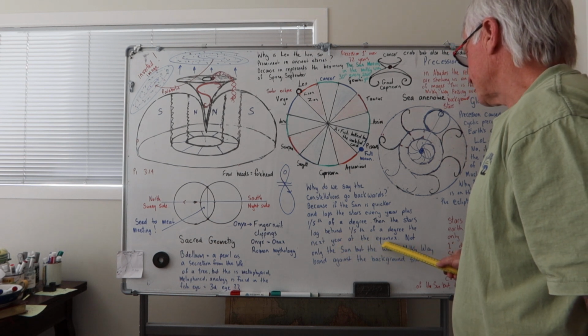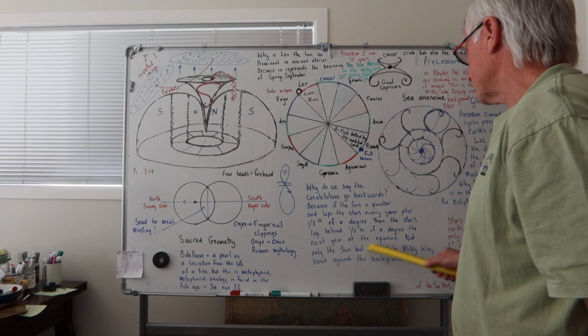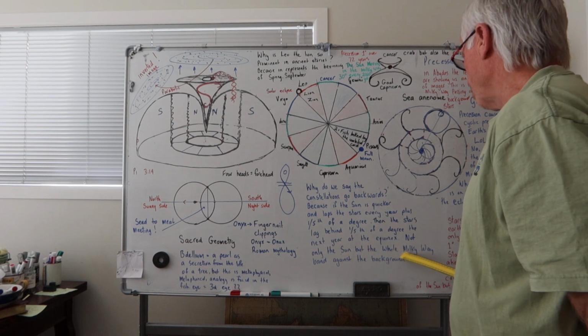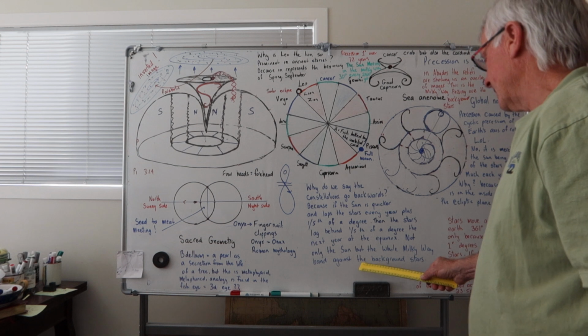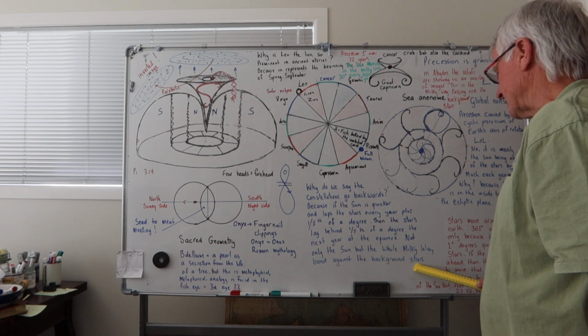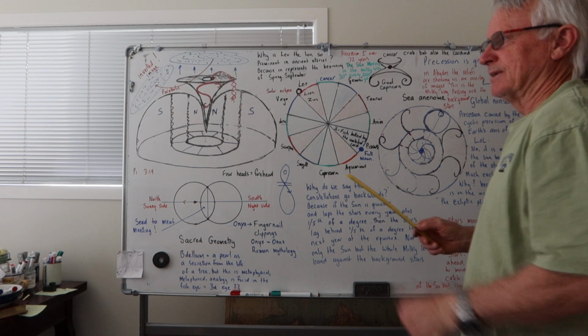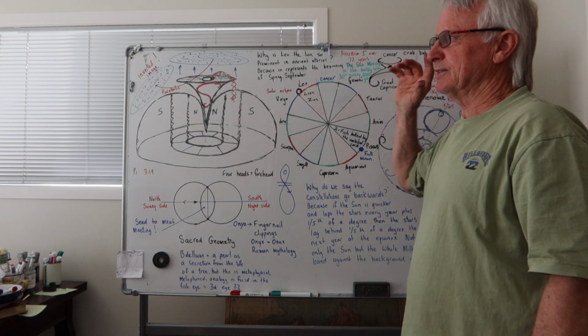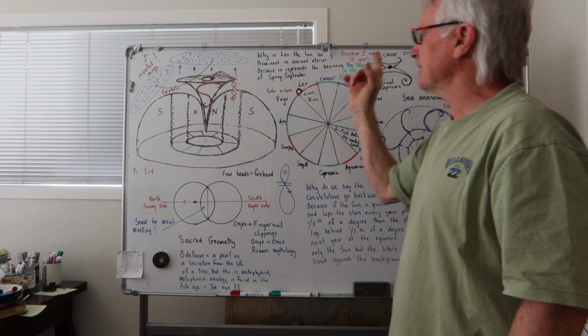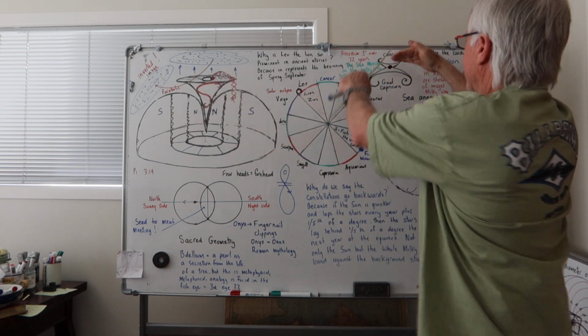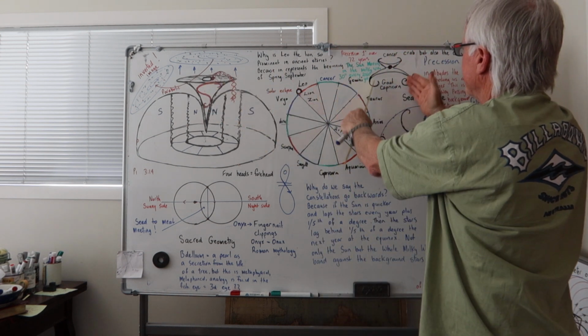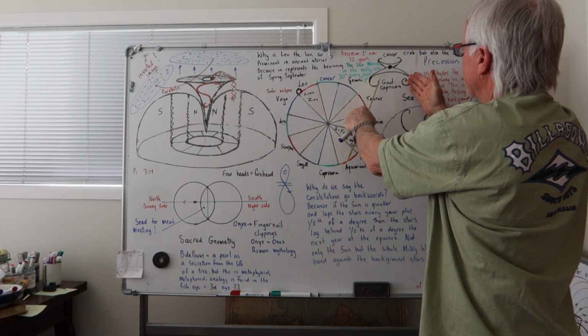At the equinox, not only the sun, but the whole Milky Way band against the background stars. Because there's three motions. There's the planetary motions in the ecliptic plane, because they all follow the ecliptic plane over the year.